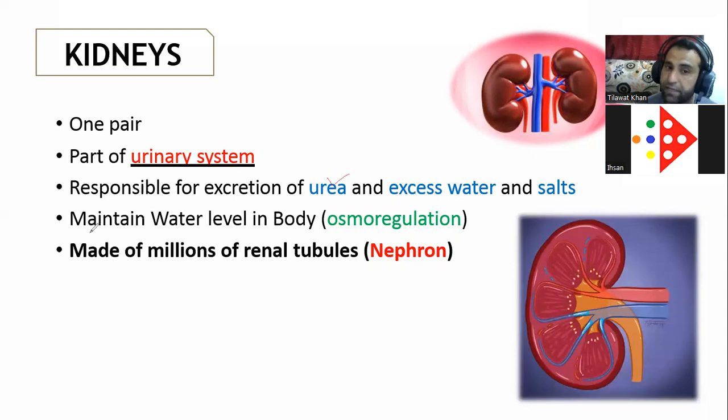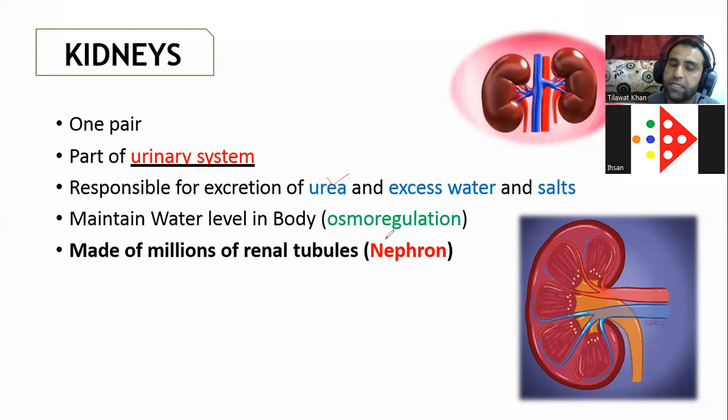Kidneys maintain the water level in your body. If there is more water in your body, the urine will be dilute and more water will go out in the form of urine. If your body needs water, there is less water in your body, so you will make concentrated urine, meaning there will be less water, right?